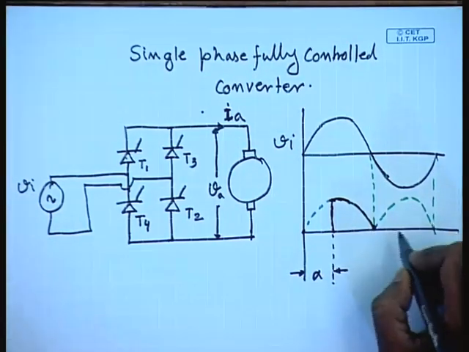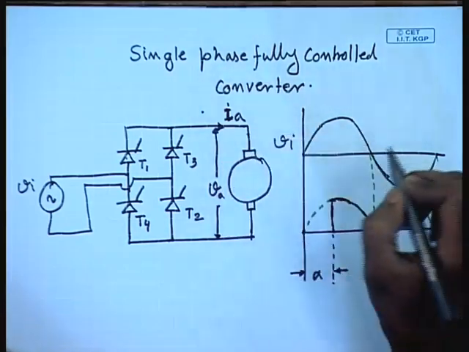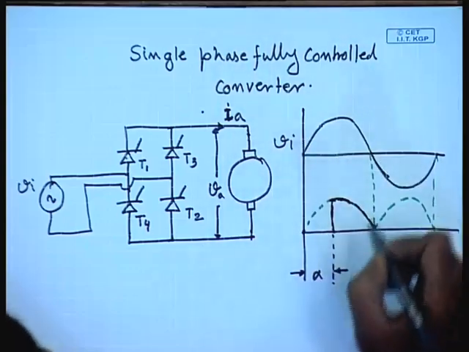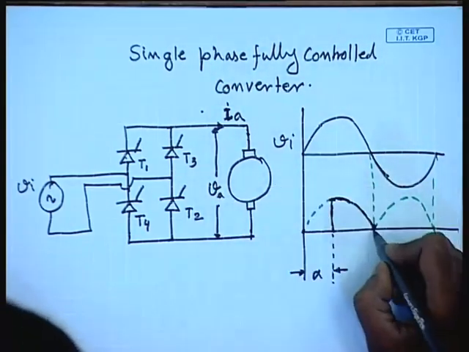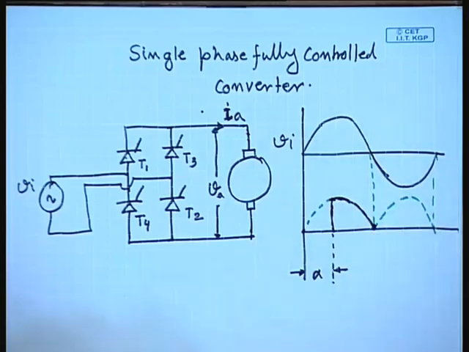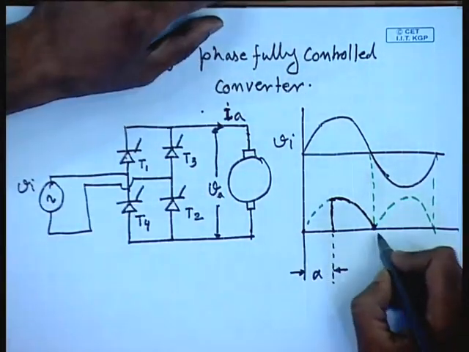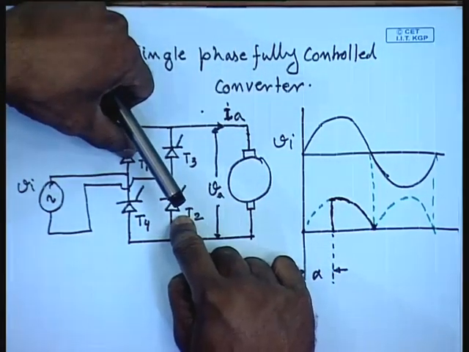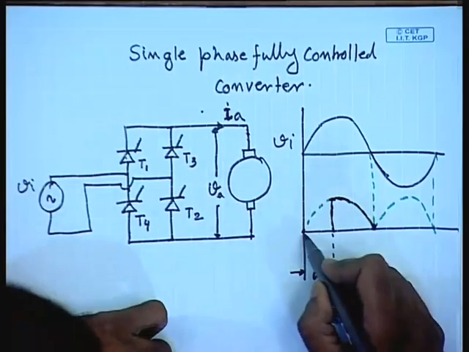However, as we have mentioned that this armature has inductance, so even though the armature voltage becomes 0 here, the current through the armature may not be 0, and hence it will continue to flow. T1, T2 will then not turn off, because until and unless current through them becomes 0, these devices do not turn off.